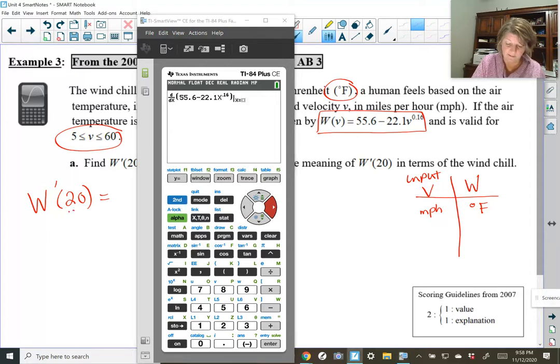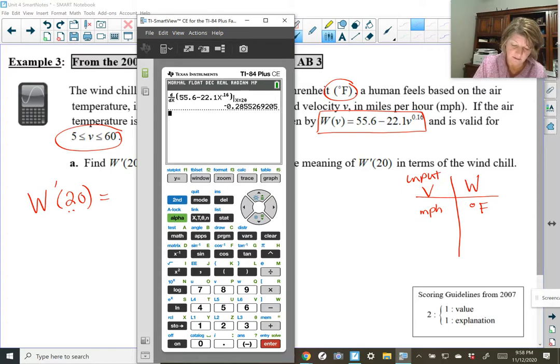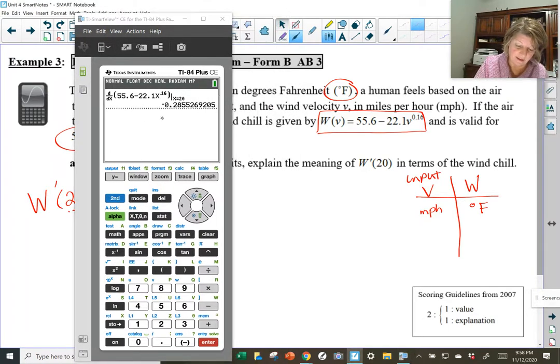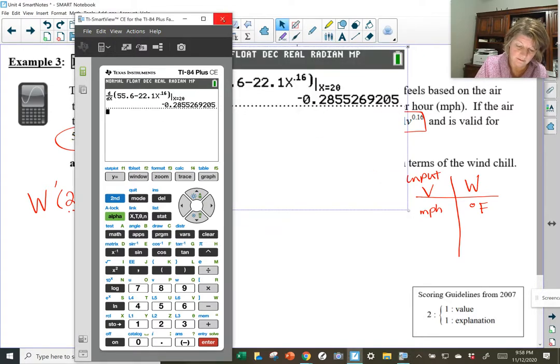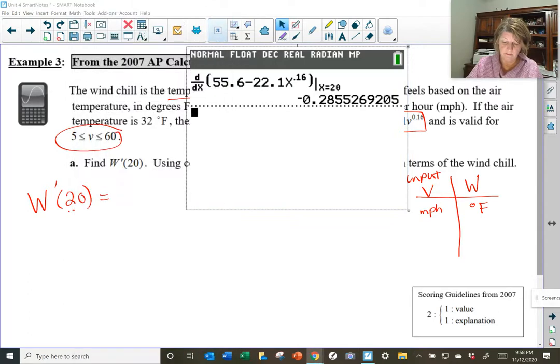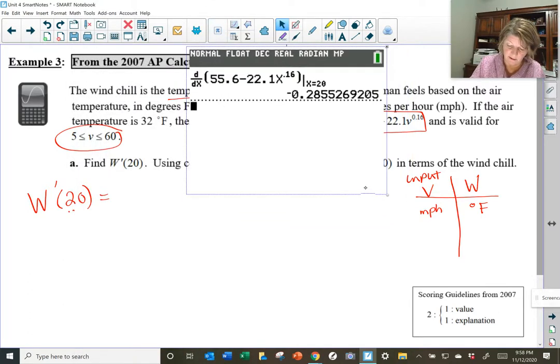Right here's where I'm picking that up. Hit enter, and we have our answer. Let me see if I can pull this off the screen. All right, so we have our answer here.